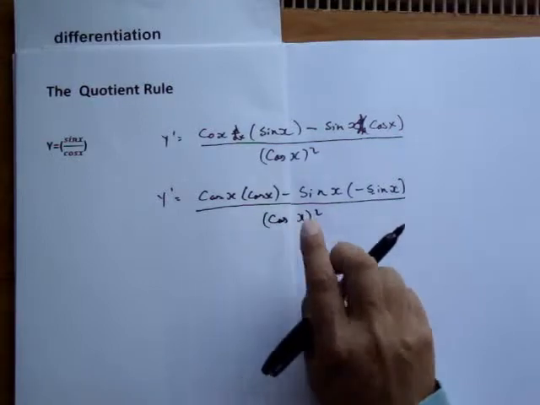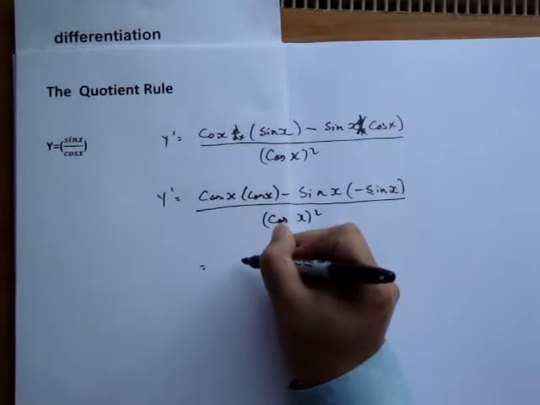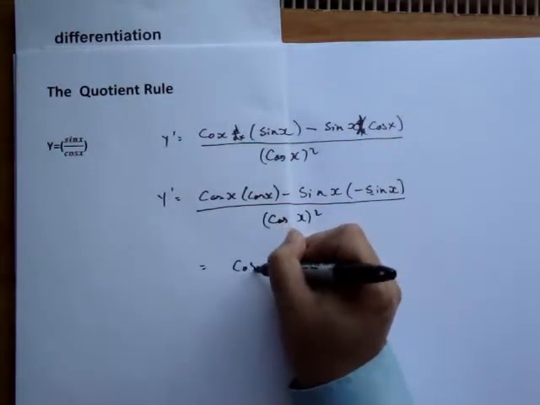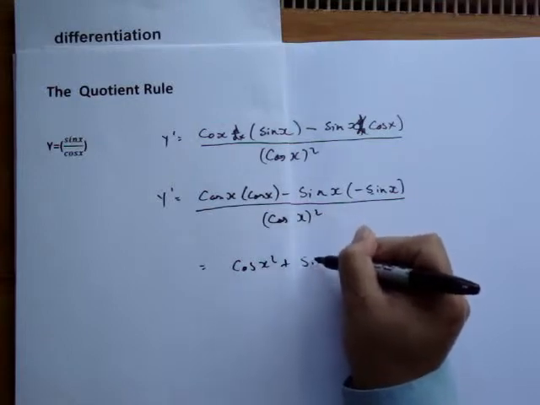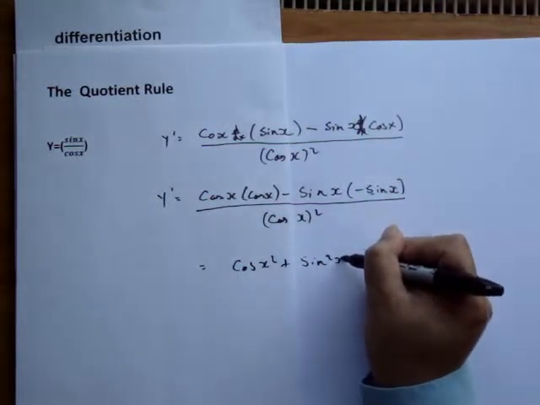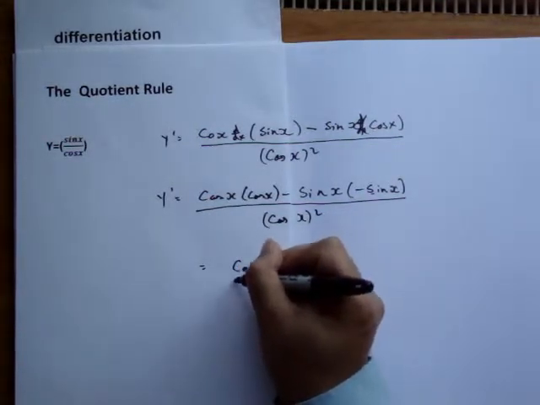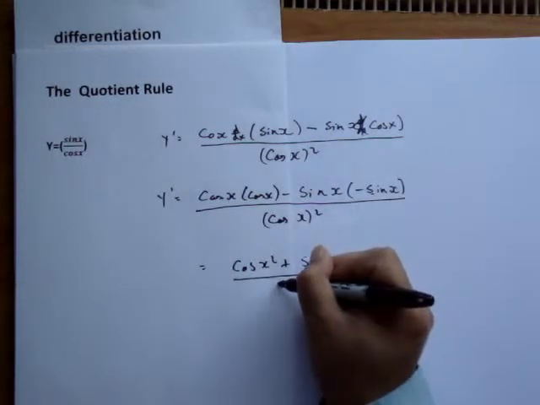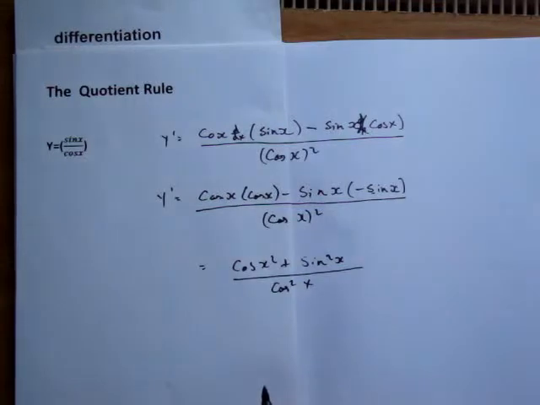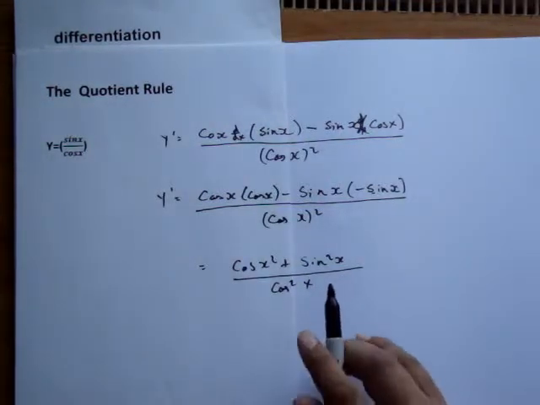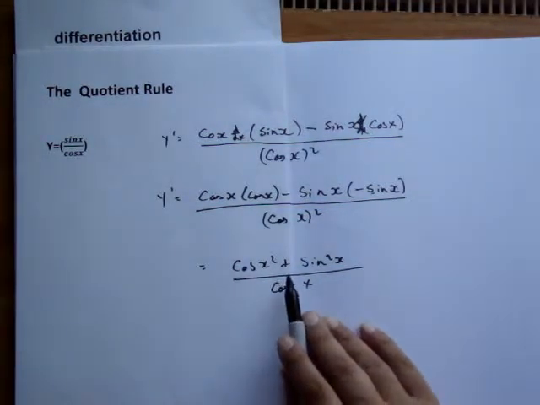Don't differentiate. And this equals cos x squared plus sine squared x all over cos squared x.